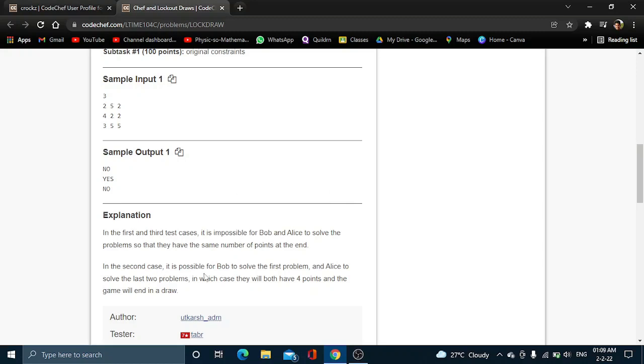In the second case, it is possible for Bob to solve the first problem and Alice to solve the last two problems, which means if Bob solves the first problem, he gets 4 points since the worth of that problem is 4, and if Alice solves the last two problems, she also gets 2 plus 2, which is 4 points, which means Bob and Alice both have got 4 points. So the match ends in a draw. In the reverse way it can also be like Alice solves the first problem and gets 4 points, and if Bob solves the last two problems, he gets 2 plus 2, which sums up to 4 points.